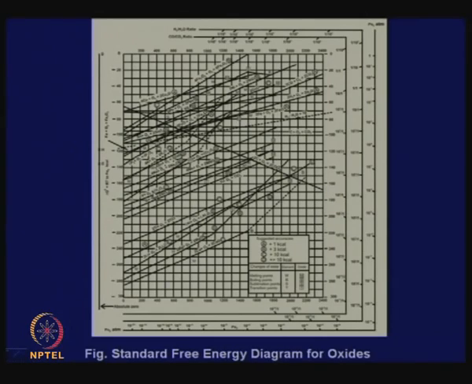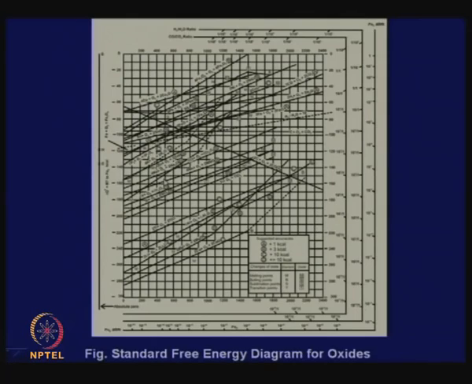The idea is, if we write always a reaction in terms of 1 O2, then we can add these figures to find what will happen when a more reactive metal replaces another. The more reactive metal replaces a less reactive metal from its oxide.